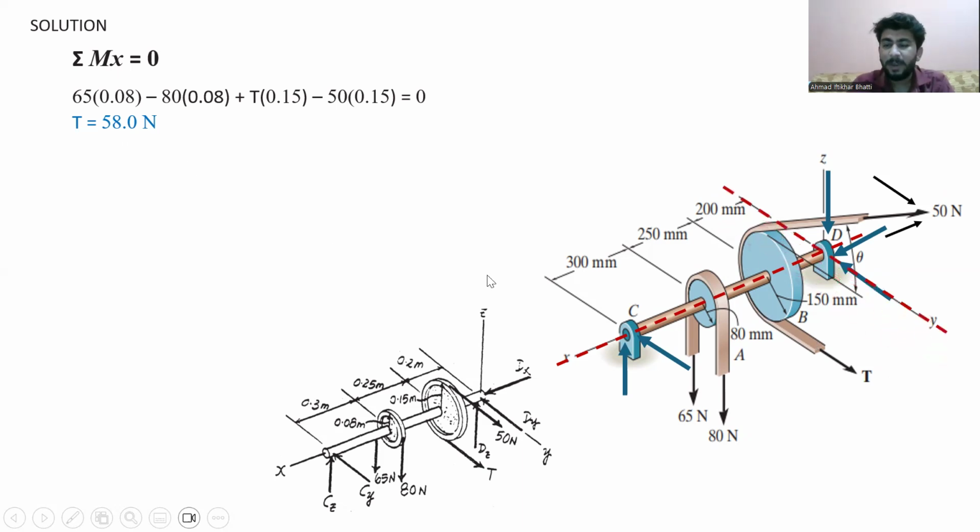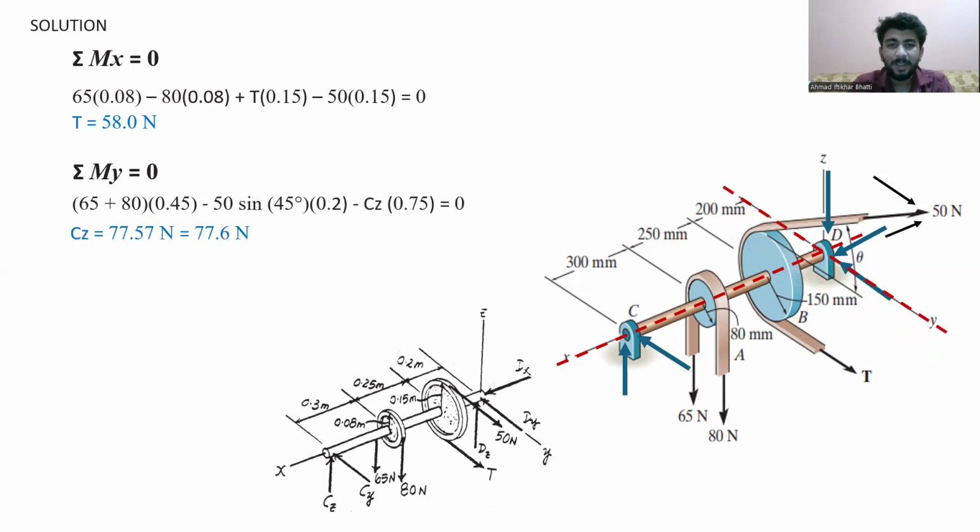Now, if we apply the moment about the y-axis, we can find the reaction force in the z direction at the bearing C. You see, we have a collective force of 65 plus 80 Newtons, which has a perpendicular distance of 0.45 meters from the y-axis. And in case of this 50 Newton force, you see it is moving in the clockwise direction, so it is negative, and we can use the sine component.